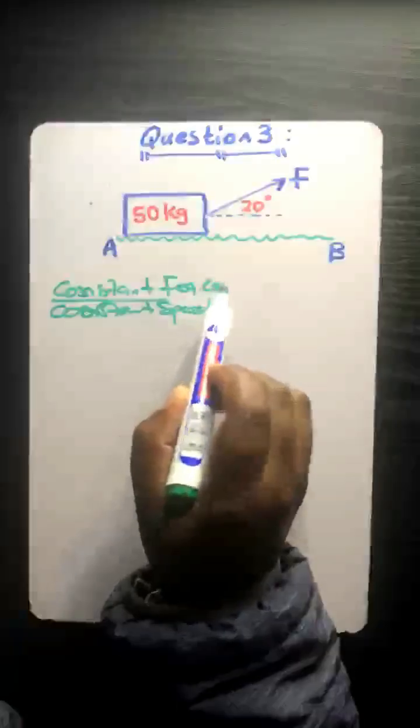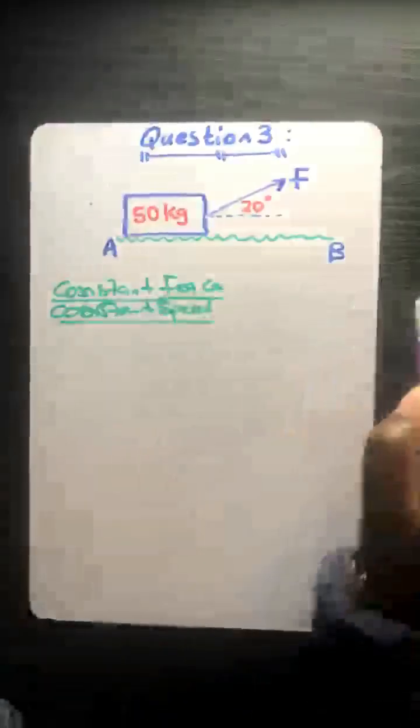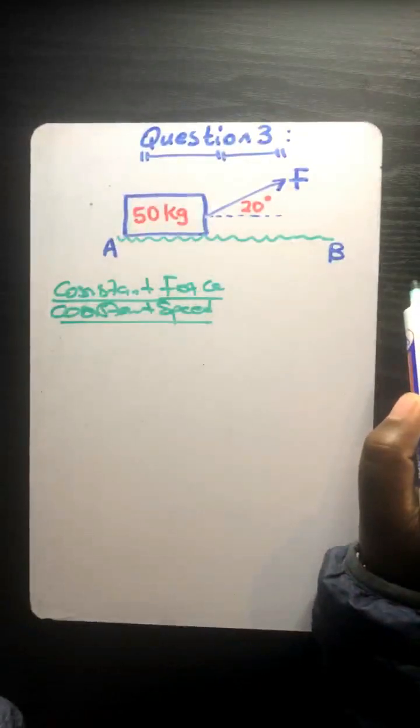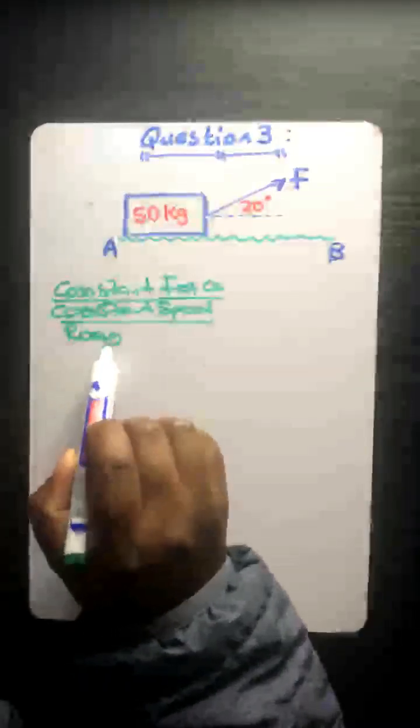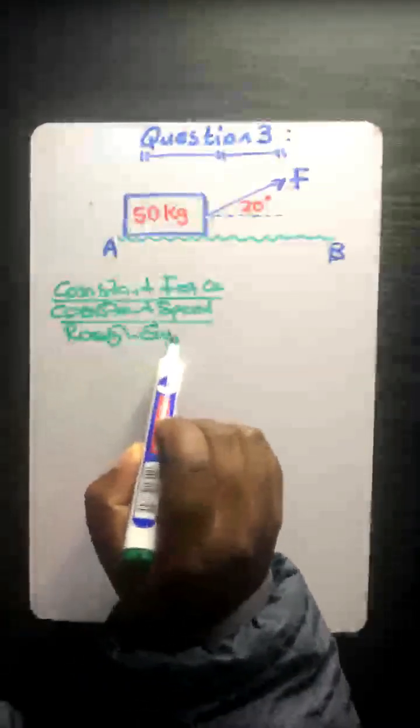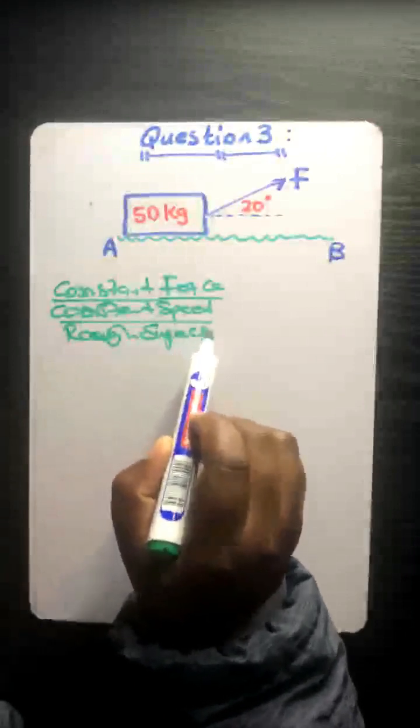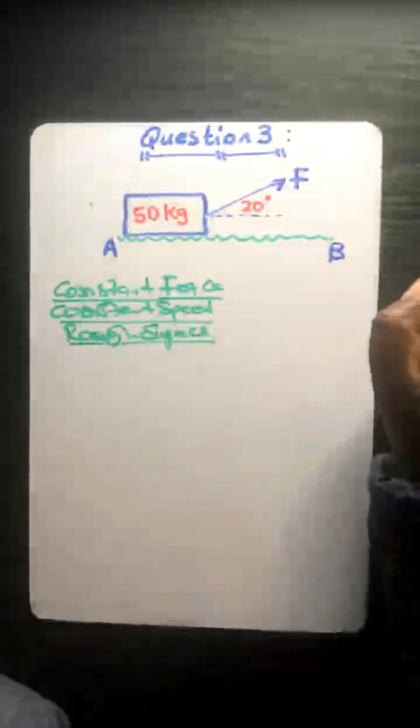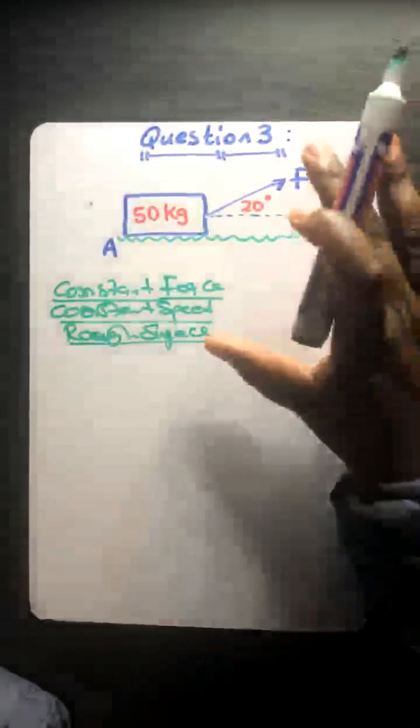Here we have force. And they say over a rough horizontal surface from A to B. They've mentioned a rough surface. Let's continue: as shown in the diagram below, yes, that we can see.